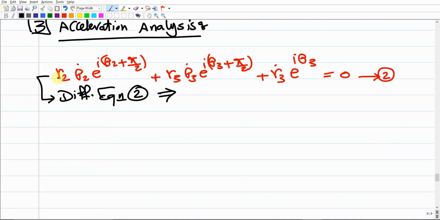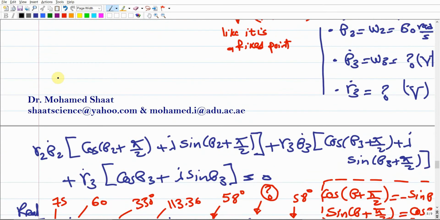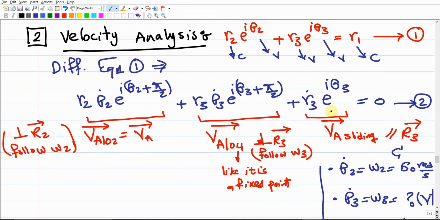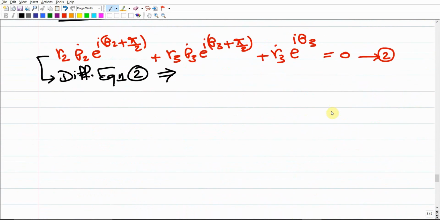Also, if you remember, we stated that R2 is constant, theta 2 is variable, R3 is variable, theta 3 is variable, but R1 is already constant, and that's why it had been eliminated. So we do have three variables in addition to the R3 dot. In this equation, we do have R3 variable, theta 3 variable, and theta 3 dot variable.